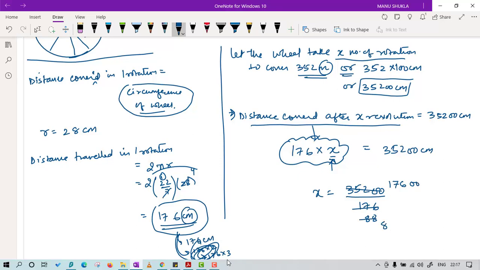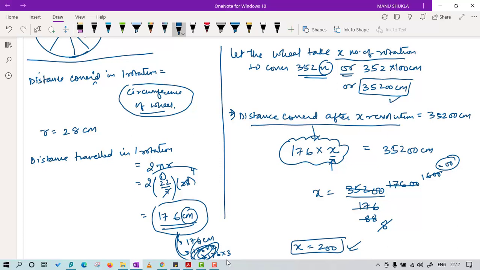Yes, we can go with that. 11 8s are 88, 11 1s are 11, 6 remainder 66, 6 is 00. Then finally 8 2s are 00. So we have got x is equal to 200. That means the cycle wheel is rotating 200 times to cover this distance.